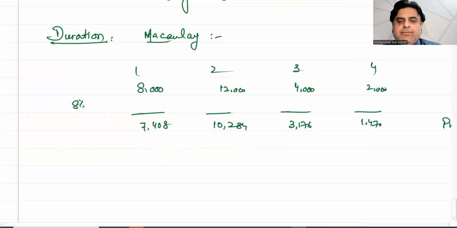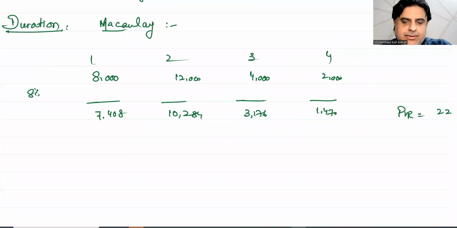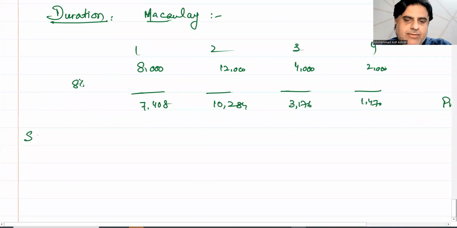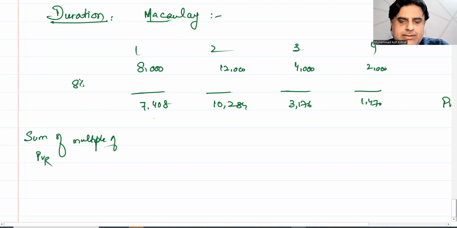Now, what you have to do here is take the sum of multiples of the return phase. This is year 1, so multiply the present value of year 1 with 1.